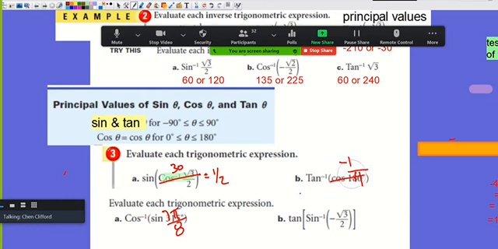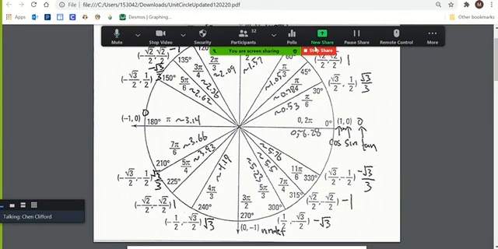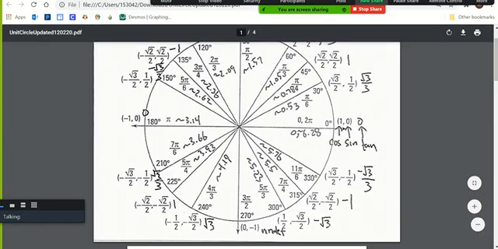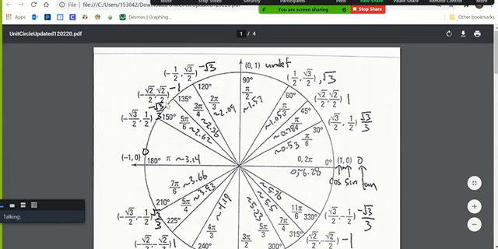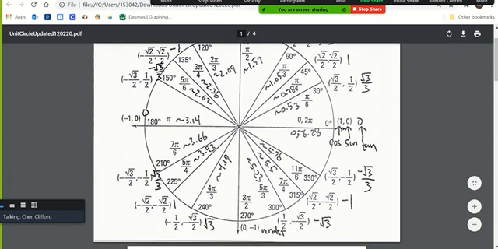And then we're trying to find inverse tangent of -1. Inverse tangent of -1, that's going to be 135 or 315.